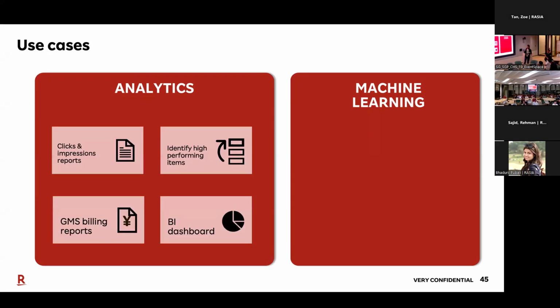There are also billing reports that can be generated from this data warehouse data, where we aggregate the GMS, the total value of an ad campaign. Then we will be able to bill the advertisers accordingly based on the sales.